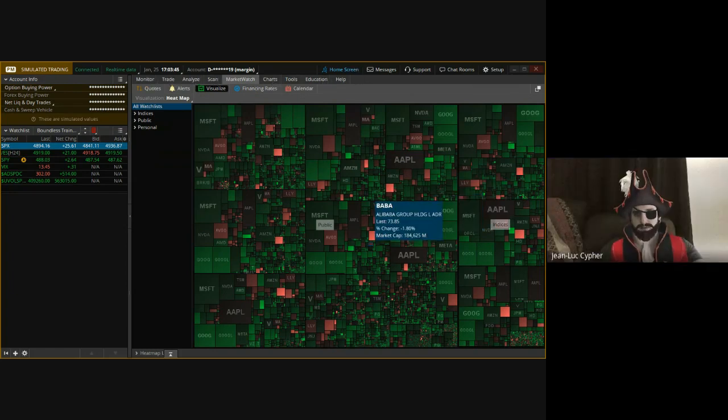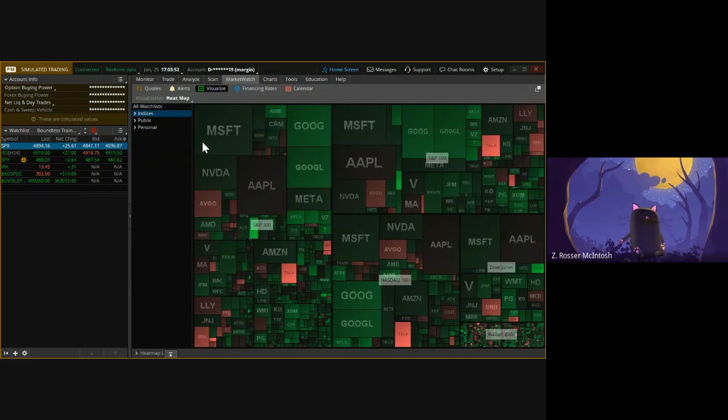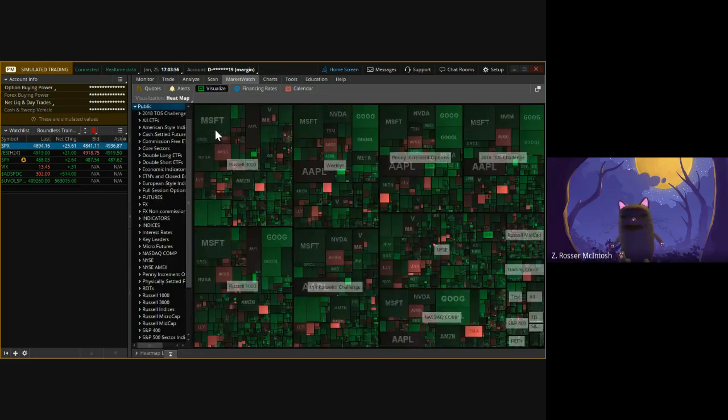Pretty wild. It's duplicating though. Some of them are duplicated, yeah, but it's an interesting way of reflecting it. So yeah, those are like the Dow. Those are different indices. Let's see, ETFs.